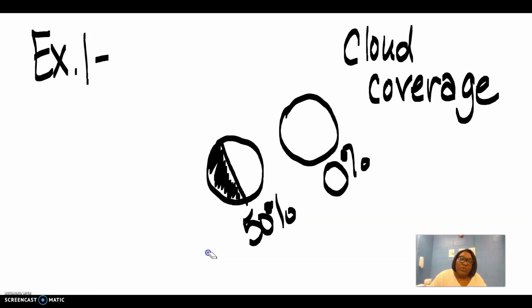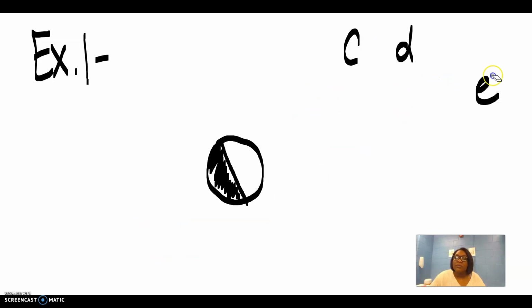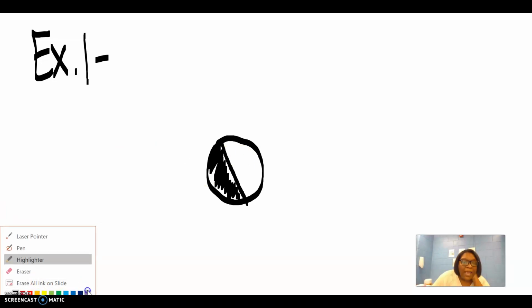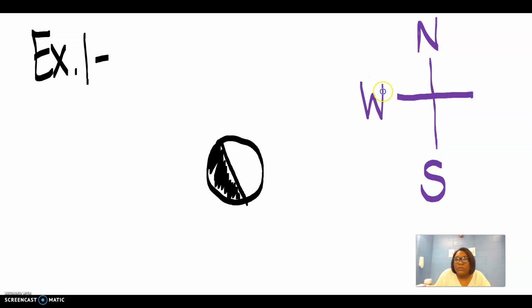So let's use this one here, and we're going to add on to our station model. Before we add on to it, I want us to draw our cardinal directions in the upper right hand corner of our notes.